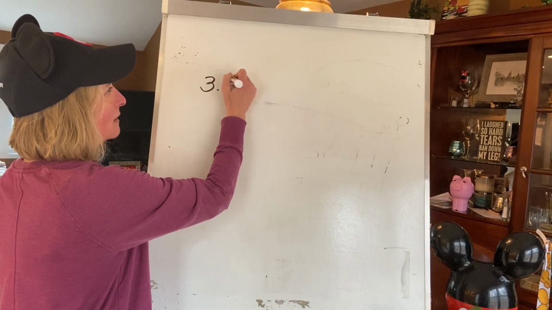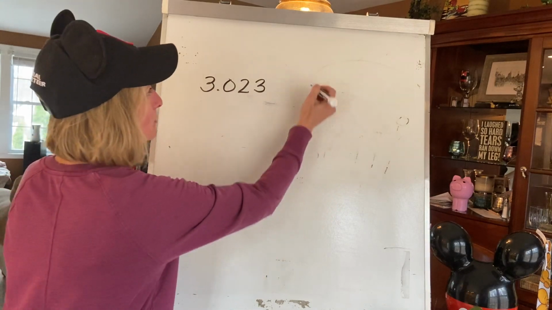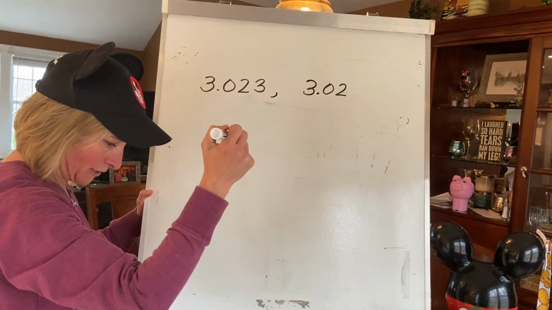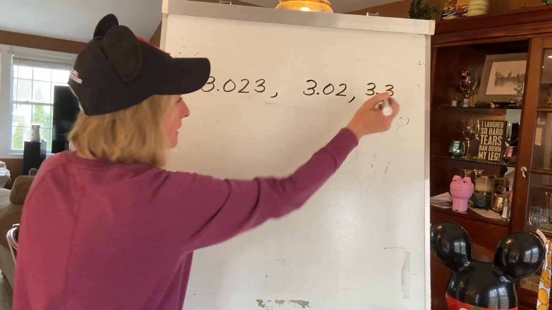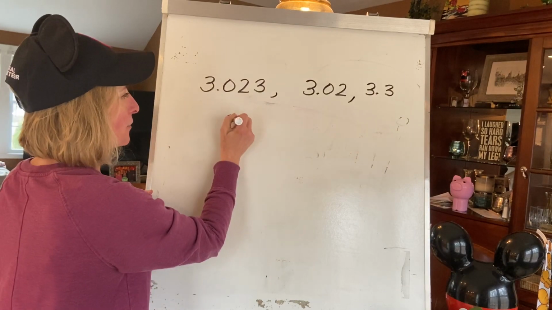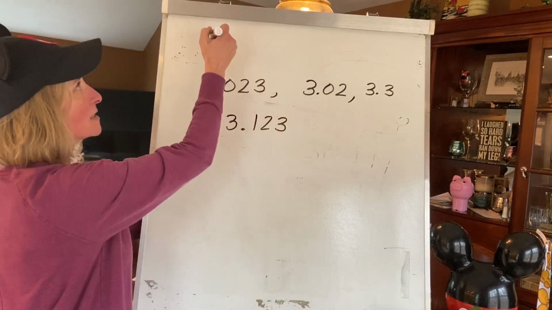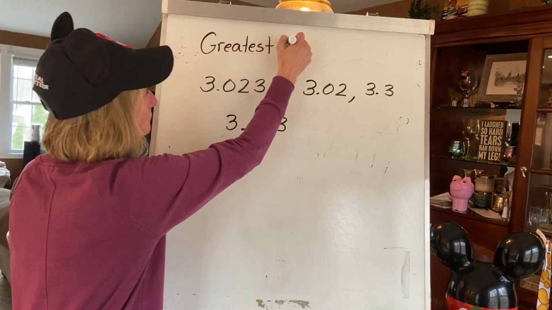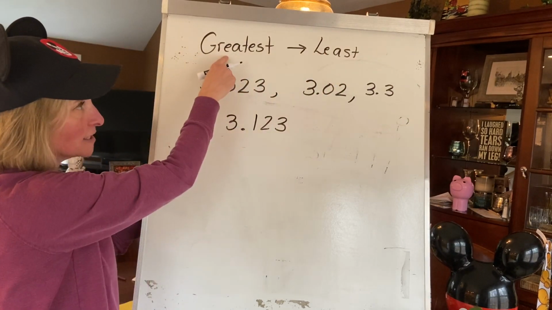This next one was something like this, where you had 3 and 23 thousandths, 3 and 2/100, 3 and 3/10, and then 3 and 123 thousandths. And you had to go from the greatest number to the least number, which is the largest to the smallest.